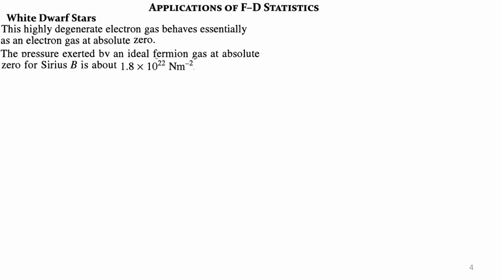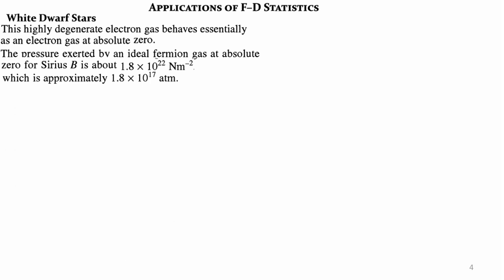In that expression, if you put these numbers, you should be able to get this value of pressure on the gas in Sirius B. Again, I leave this as an exercise to you. So this pressure actually turns out to be approximately of the order of 10 to the 17 atmosphere. Now you can imagine, here on the surface of Earth we are living at 1 atmosphere pressure.